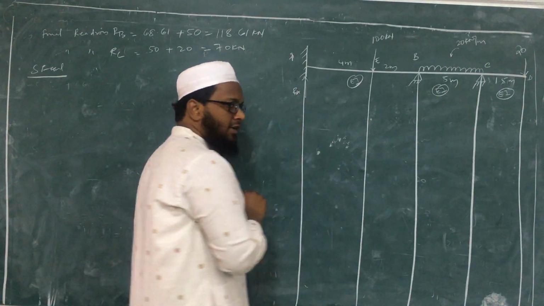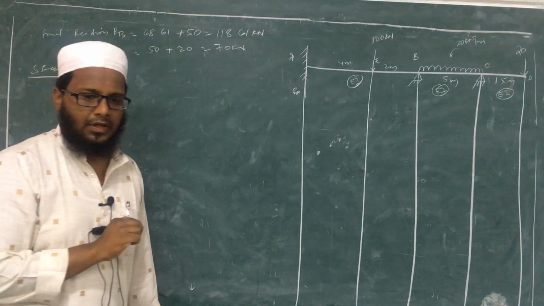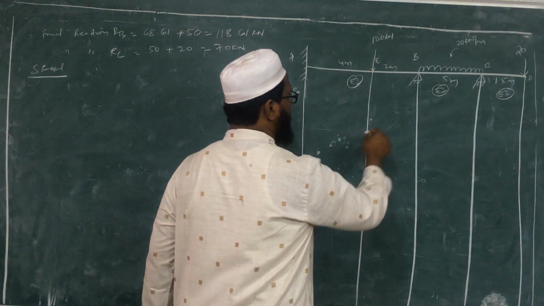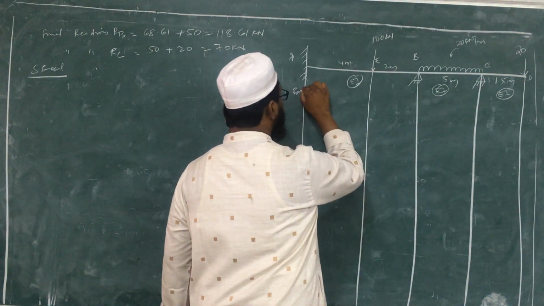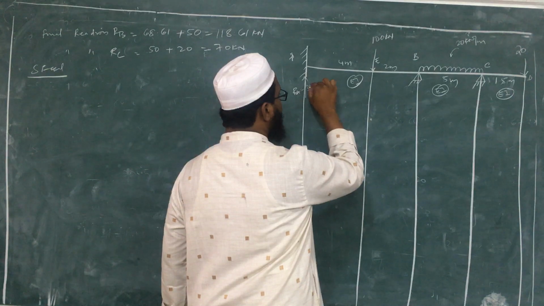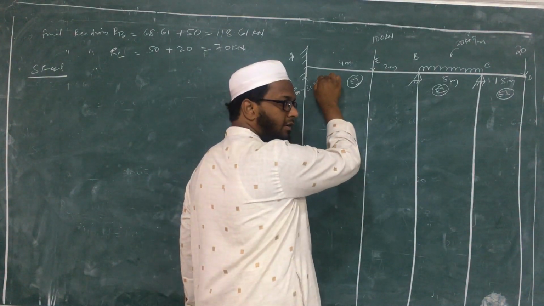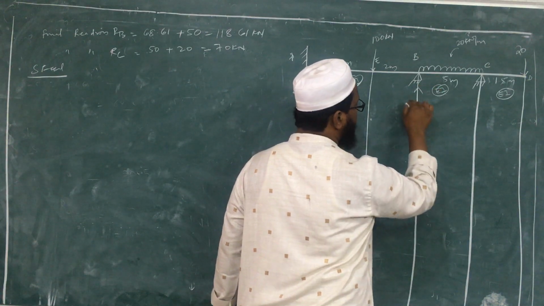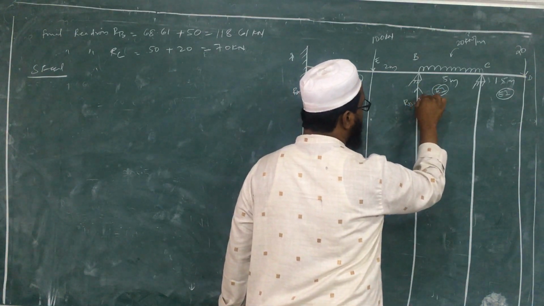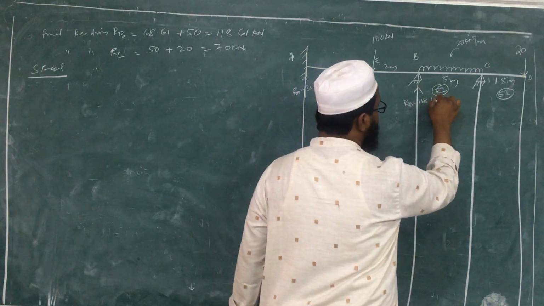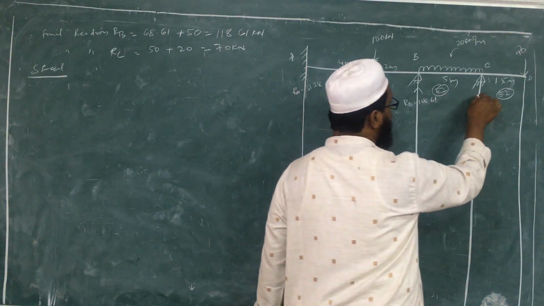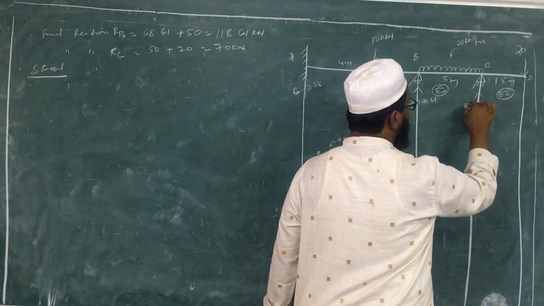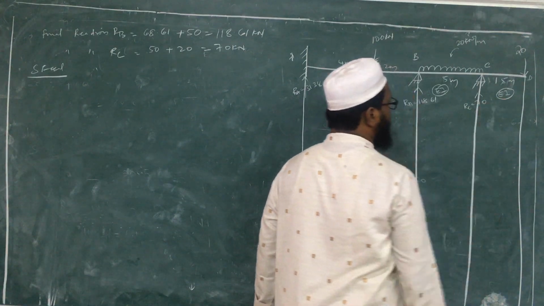What is the value of RA? RA, just now we have calculated, no? So what is that value? 31.38. Next, what about RB? Yes, 118.61. Then what about RC? 70, isn't it?